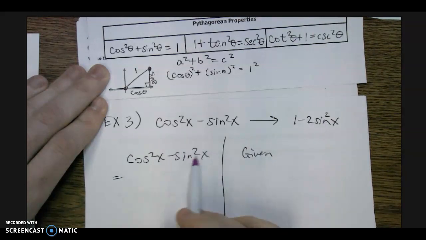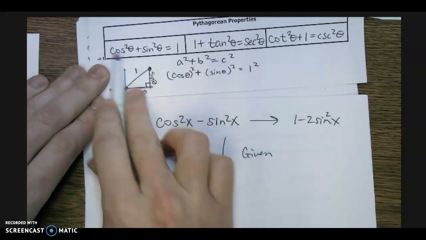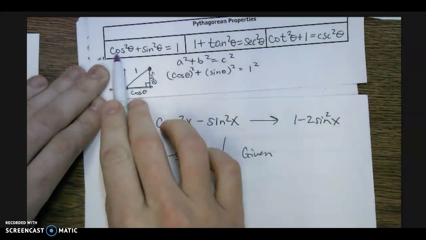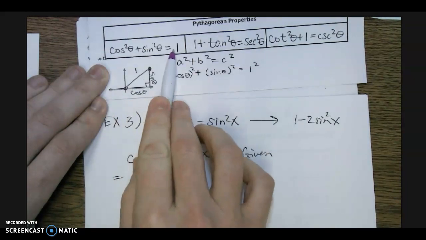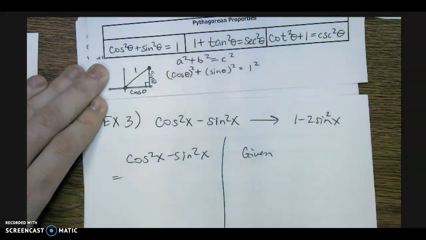So I want to keep this one, since I need 2, and I want to get rid of cosine squared. So I look through and see, where do I have cosine squareds? The only cosine I really see is right here, and it's squared. So what we would do is take this cosine squared plus sine squared equals 1 and solve for cosine squared.